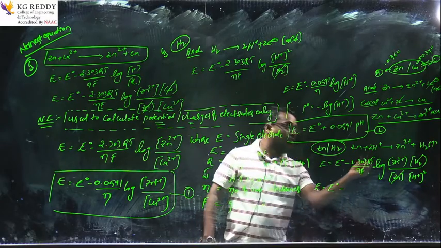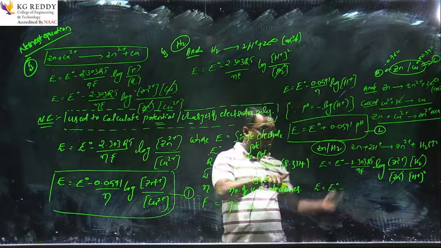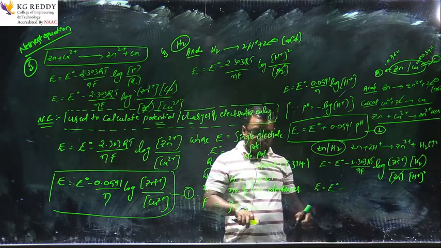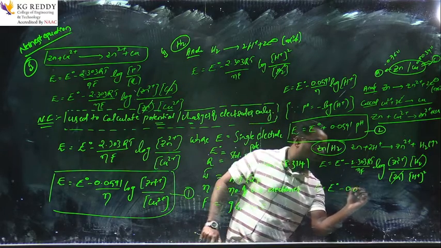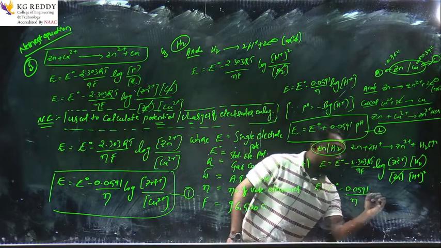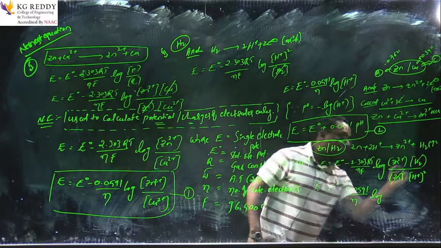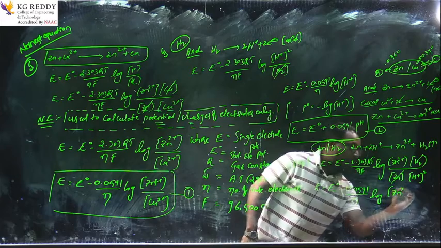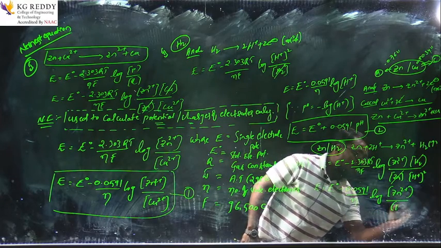Can we substitute all values? The R value, the T value, and all of this you can substitute, and you will get 0.0591 divided by n times log of the concentration of Zn2+ by the concentration of H+.